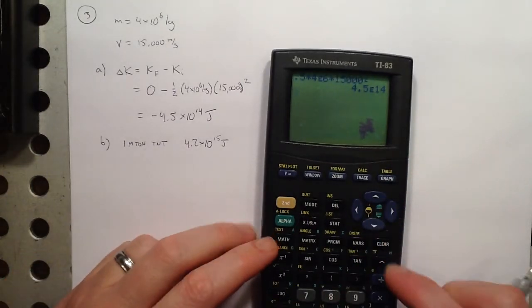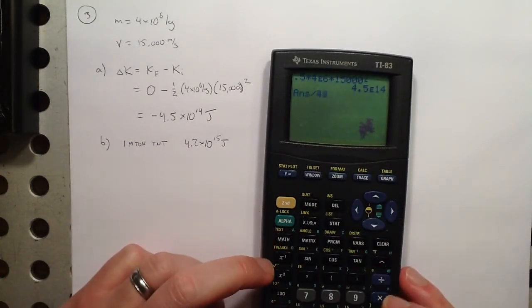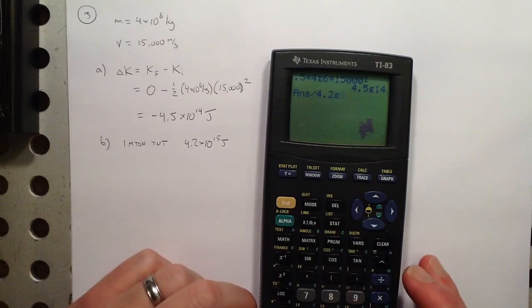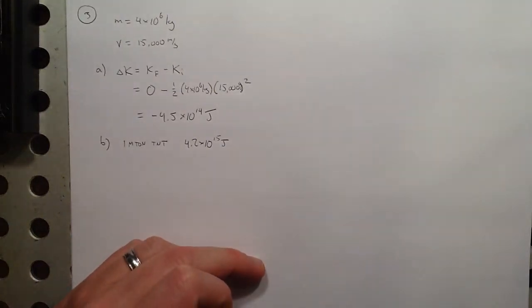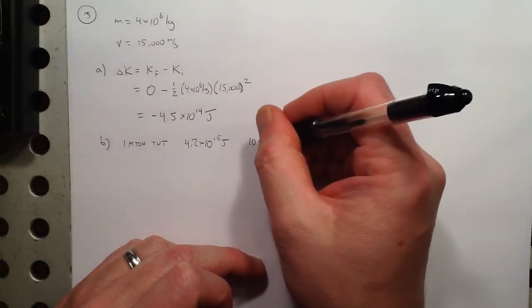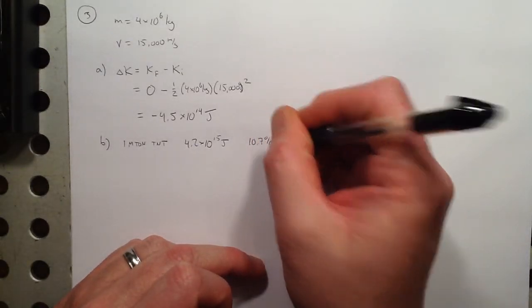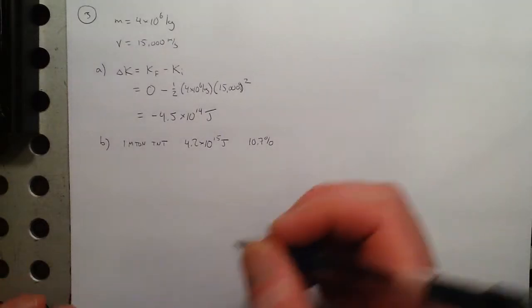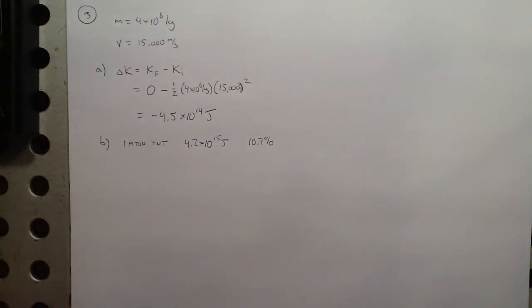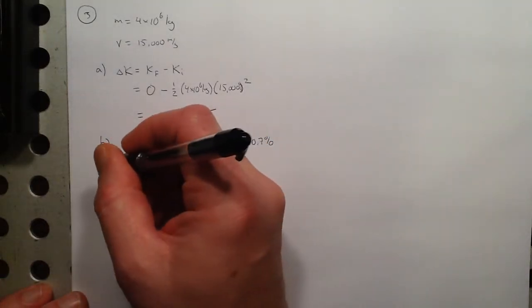So I've got that divided by 4.2 times 10 to the 15th. So it's about 10.7% of that. Or the book has 0.1 megatons of TNT, so same thing.